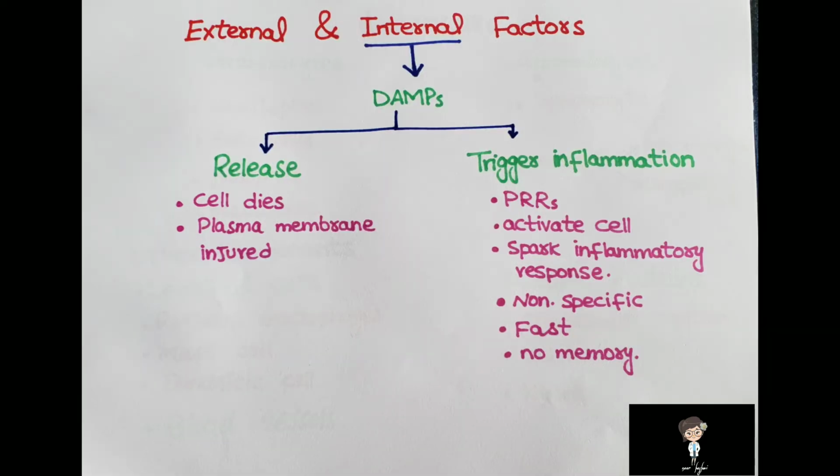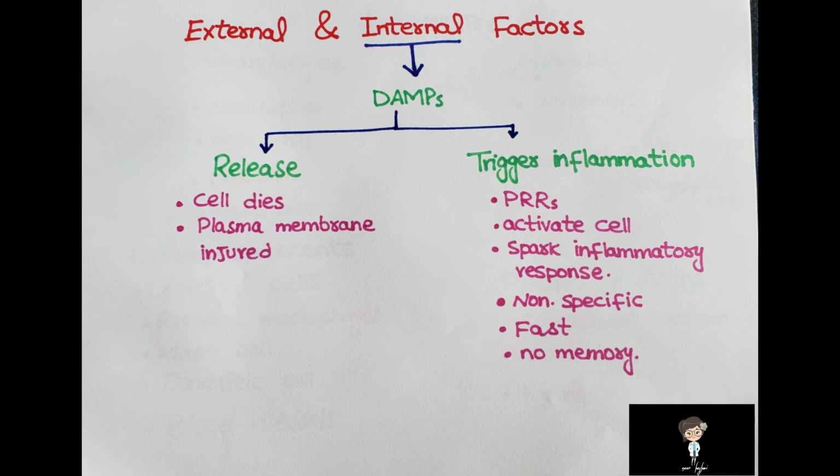Now, in terms of internal factors, there are PAMP-equivalent molecular factors, which are damage-associated molecular patterns or DAMPs. DAMPs are intracellular proteins that are released when the plasma membrane is injured or a cell dies. So, DAMPs are signals that there is serious cell damage and they trigger inflammation.